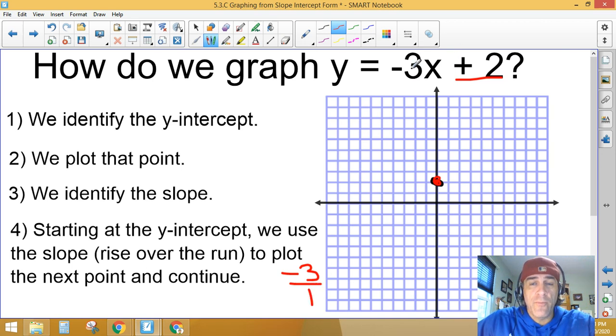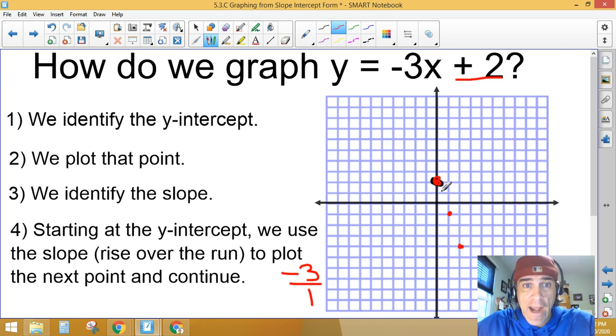If it's a whole number or an integer, it's always over 1. So that means I'm going to go down 3 from my y-intercept, not from the origin, from the y-intercept, down 1, 2, 3, and I always go to the right one, and I plot a point. I go down 1, 2, 3, and to the right one, and I can continue this forever and ever.